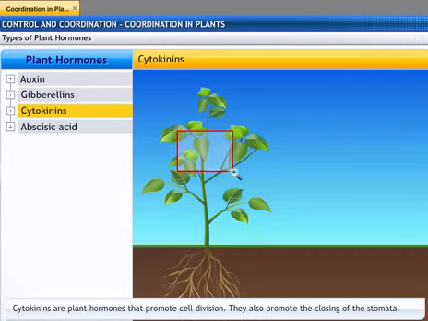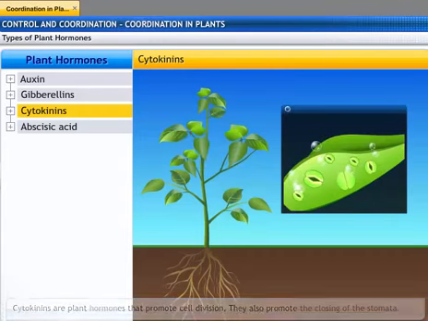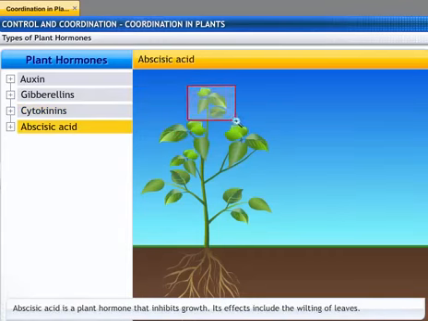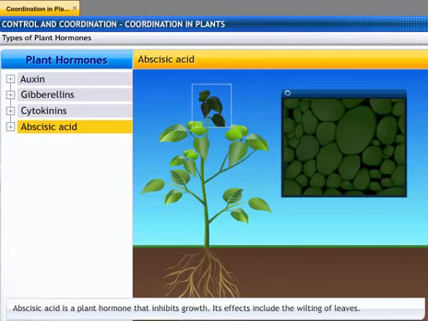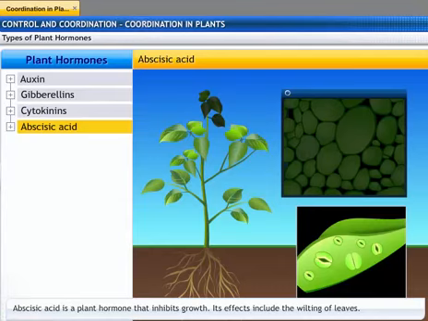They also promote the opening of the stomata. Plants also need signals to stop growing, and these are provided by the hormone abscisic acid, which inhibits growth. Its effects include the wilting of leaves and also promote the closing of the stomata.